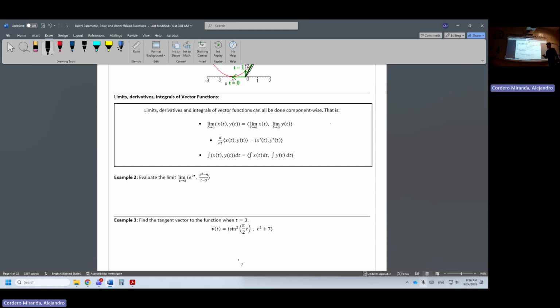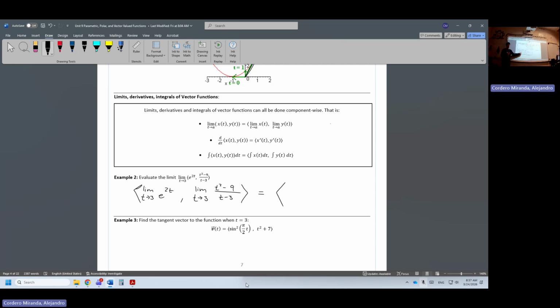So here's a few practice problems. It says take the limit of this vector function as t goes to 3. Okay, like I said, that would just be, maybe I'll show my work for this one, the limit as t goes to 3 of this first function, comma, the limit as t goes to 3 of that second function. And then you just take these two limits separately.